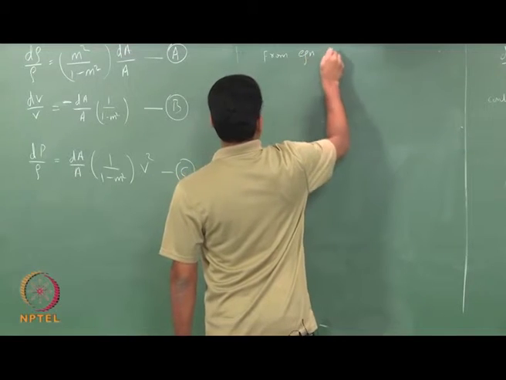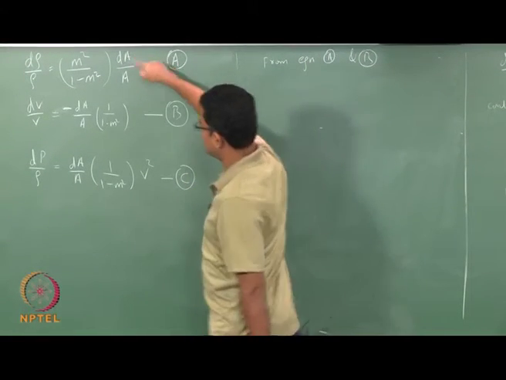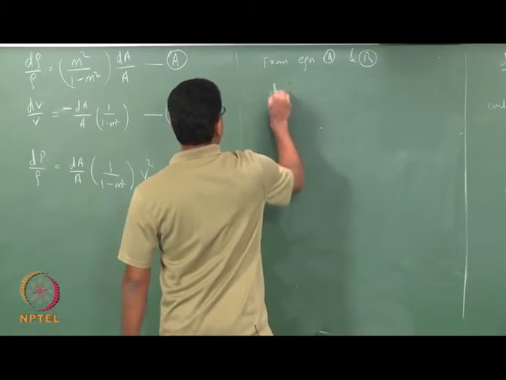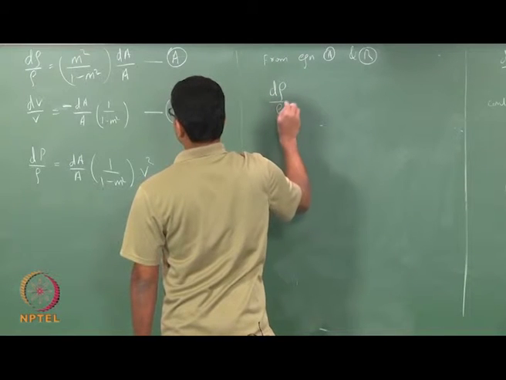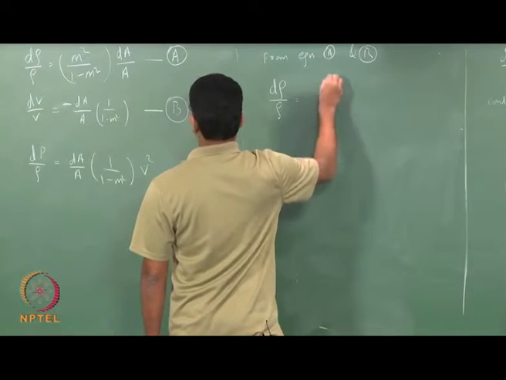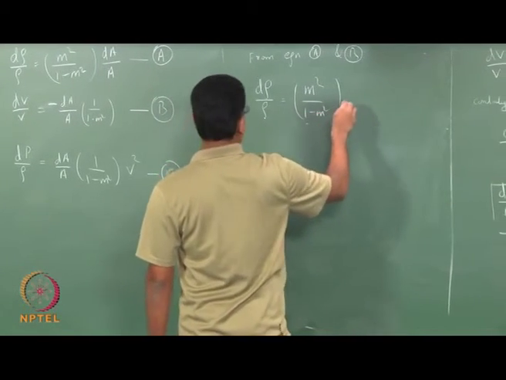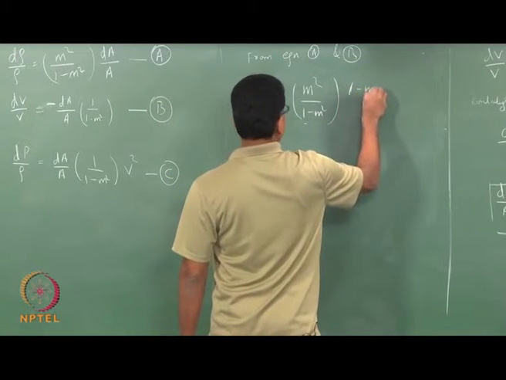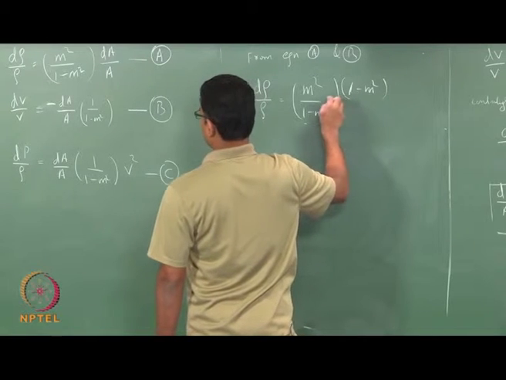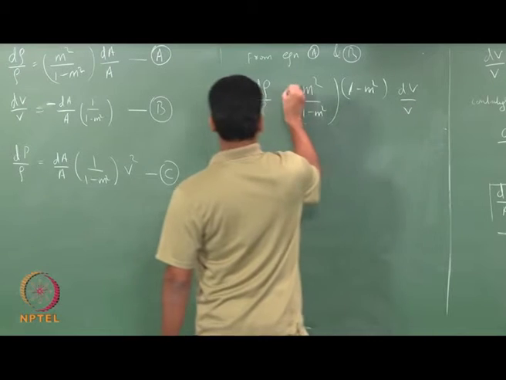From equations A and B, I can eliminate my dA. So, d rho by rho equals M square by 1 minus M square times 1 minus M square into dV by V with a minus sign.